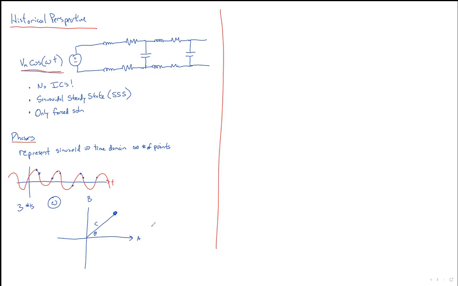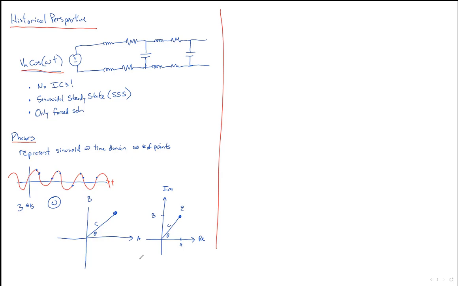Instead of always drawing it with an A and a B value, or always drawing it with a C and a theta value, 2 different ways we could draw this point, I'm instead going to pretend that this axis is a real part and this axis is an imaginary part. And I'm going to pretend that this is a complex number z. It has a real part of A and an imaginary part of B. You could alternatively say it has a magnitude of C at an angle of theta.